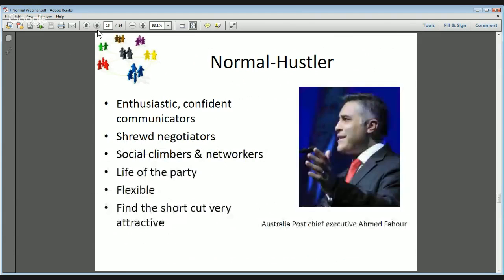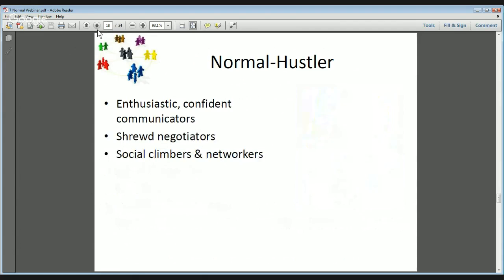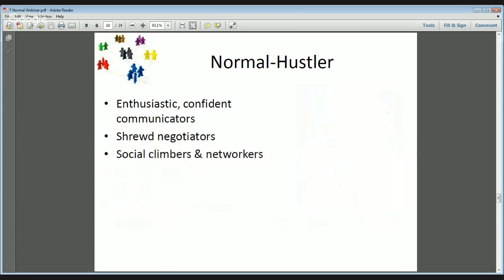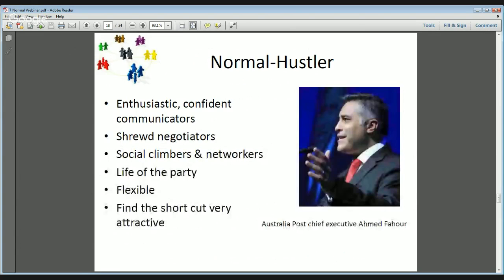I've got up here the Australia Post Chief Executive. There was a lovely article about him in the Sydney Morning Herald, and he is a classic normal hustler. I mean, he's working for Australia Post. His package has become known as he's paid $5 million a year.